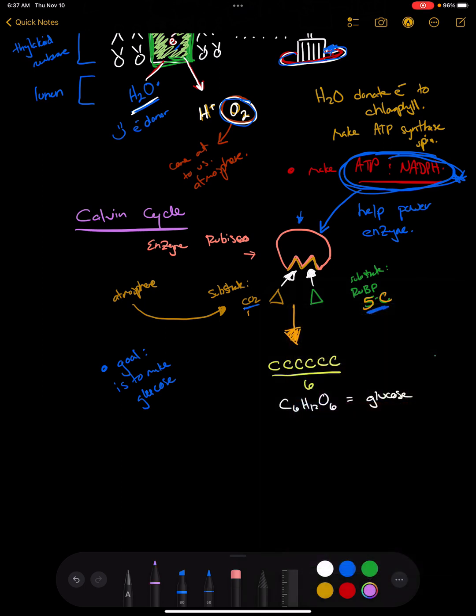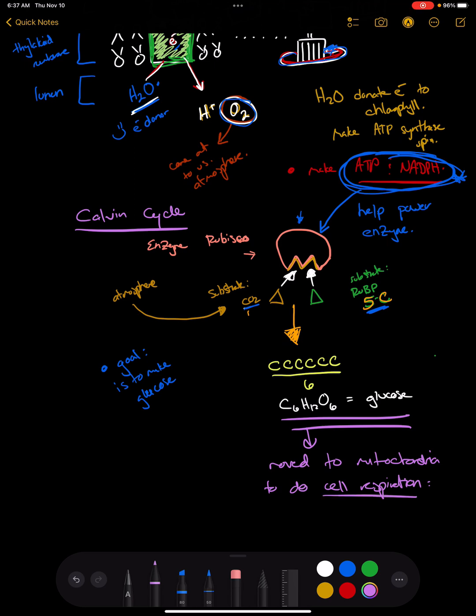And now that I have my glucose right here, then this glucose is going to be moved to the mitochondria to do cell respiration. And then what's my goal for doing cell respiration? So I can make large amounts of ATP. Because remember, plants have to do photosynthesis and respiration.